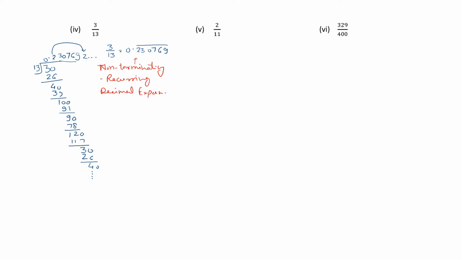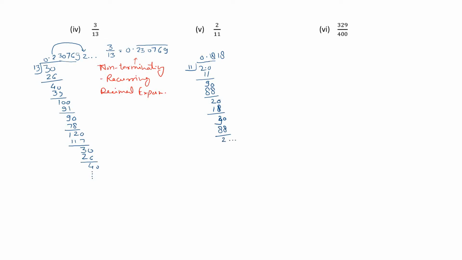Let's check about 2 by 11. So let's divide 2 by 11. 0 point, 11 times 1 is 11, the remainder is 9. 11 times 8 is 88, the remainder is 2. So again, it has started to repeat.